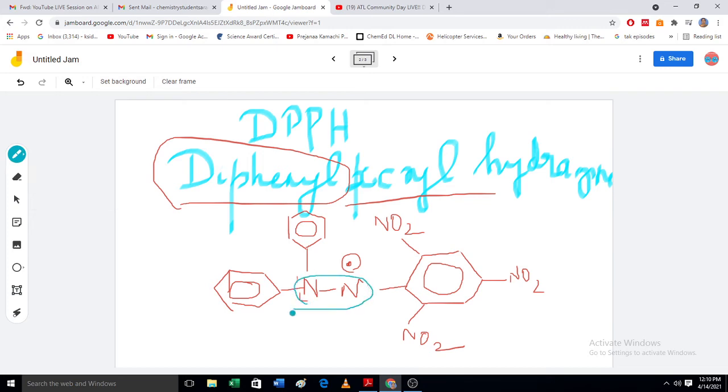The radical will be split by the nucleus that is NMR active, having a non-zero I value. Here there are two NMR active nuclei, two nitrogens, so the splitting is by both nitrogens. What is the formula you have to use? 2 into n into I plus 1, where n is the number of nitrogens and I is the I value for nitrogen.